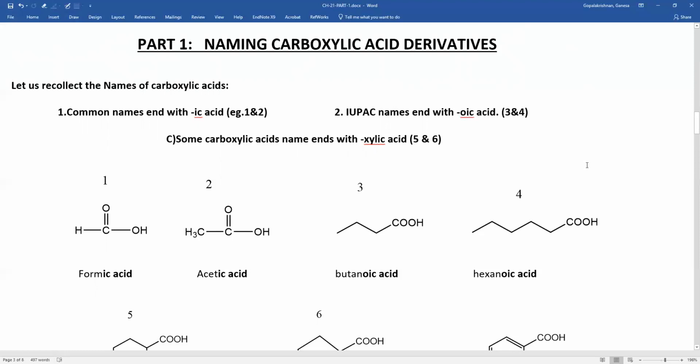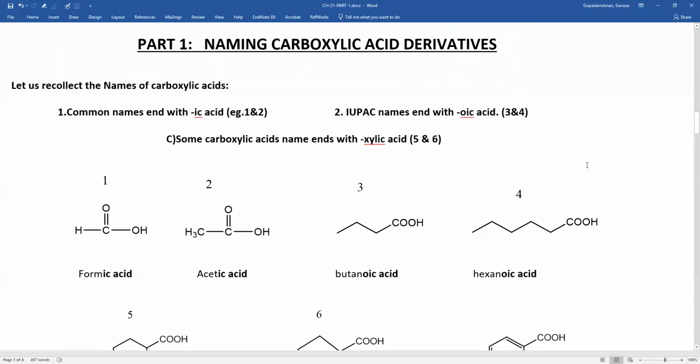She will call some kids, she may not remember the name of the kids, but she knows her friend. Oh, this is Susan's daughter. This is Jackie's son. So the same method we are going to use. For the carboxylic acid derivatives, the carboxylic acid is the mother. We are going to find the name of the mother, and from that, we are going to modify it, just like Susan's daughter.